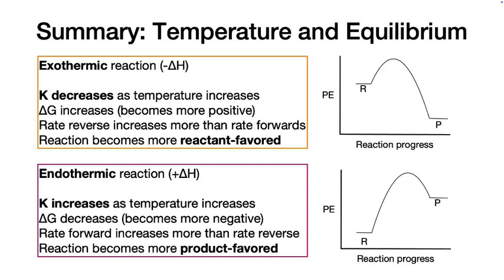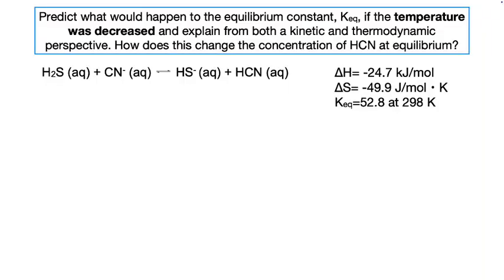Make sense? Tell you right now, I don't have any of that memorized. But I do know how to manipulate my delta H and delta S through a delta G expression. So I plug in the signs. I'm looking at a negative value plus temperature. At low temperatures, I'm going to have a negative sign on my delta G. At high temperatures, I'm going to have a positive sign.